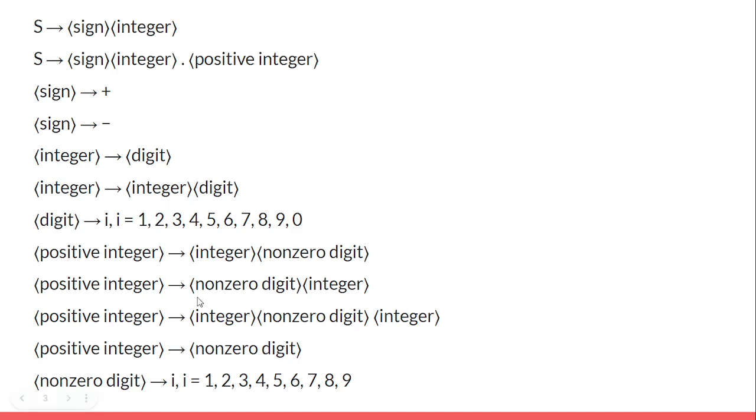This will provide us a recursion, so we can have multiple numbers after the decimal point. And non-zero digit can be replaced with 1 2 3 4 5 6 7 8 9, and it does not contain any negative or 0.